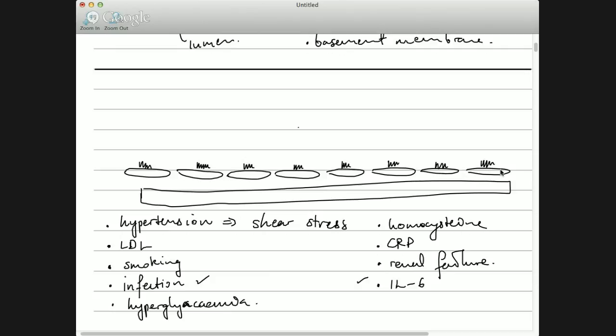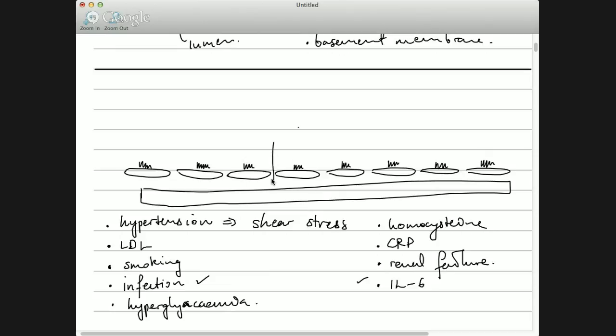You have persistent hypertension, persistent hyperlipidemia. If you smoke, you don't just smoke the one cigarette. You keep on smoking for years and years and years.